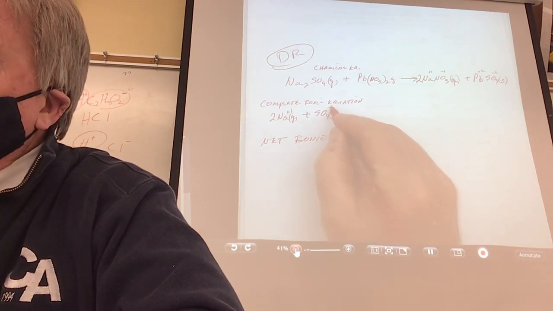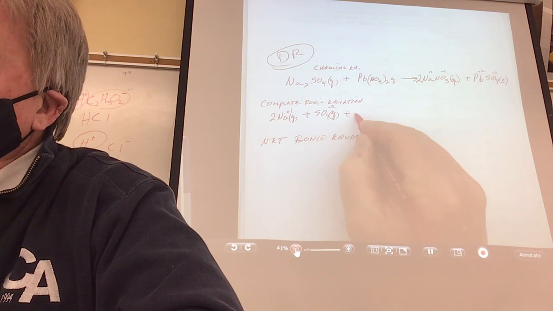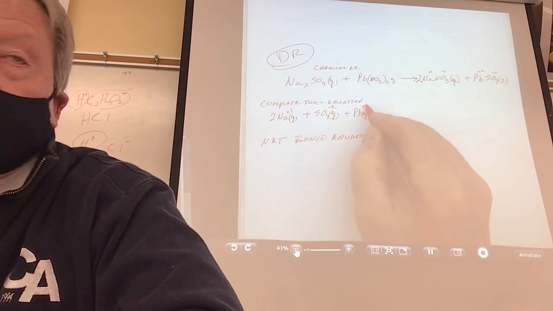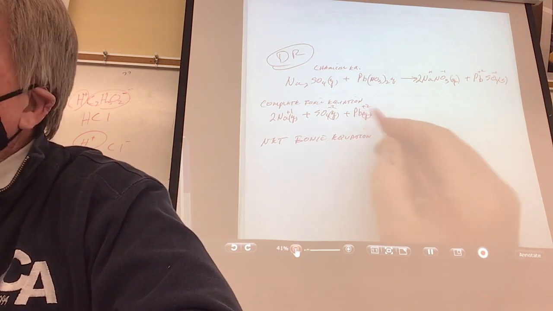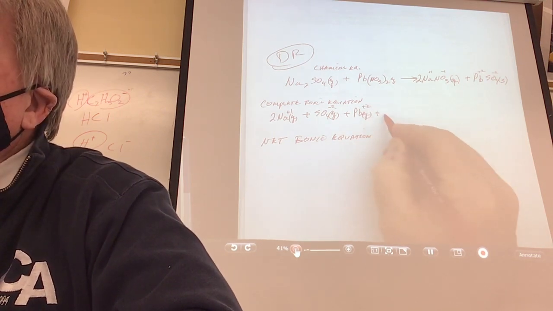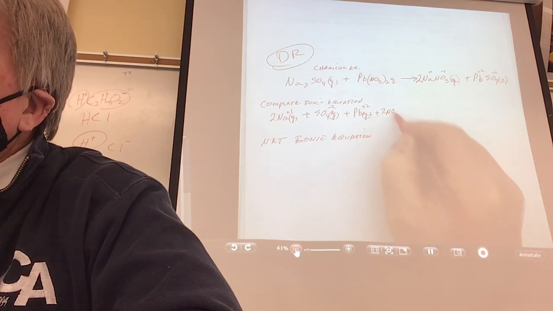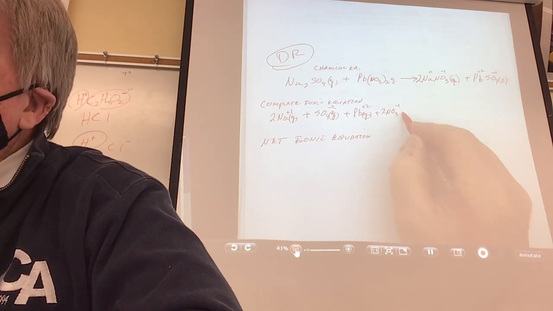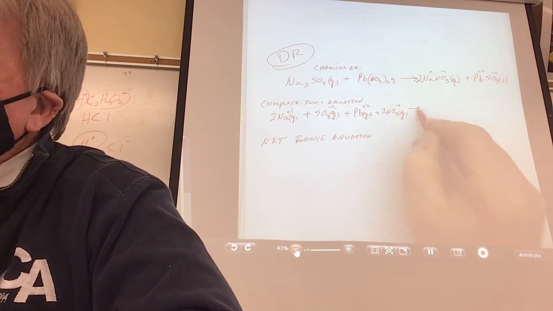There you go. Keep going. Plus Pb aqueous +2. Okay, it's an ion, isn't it? Plus NO3 aqueous. Is it an ion? Are you going to put -1 there? -1. All right, keep going.